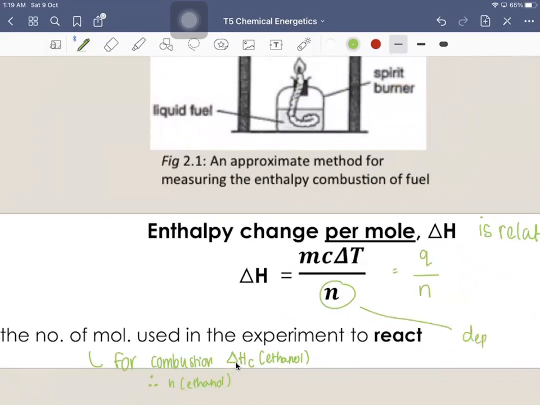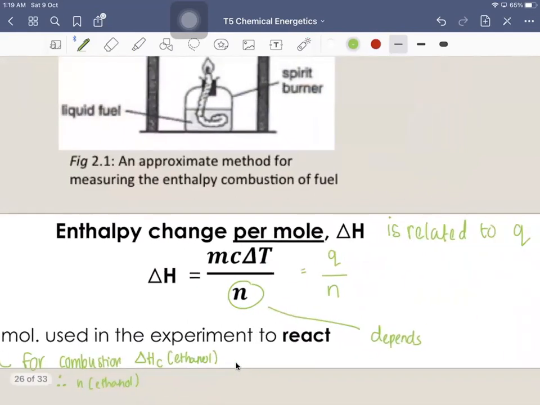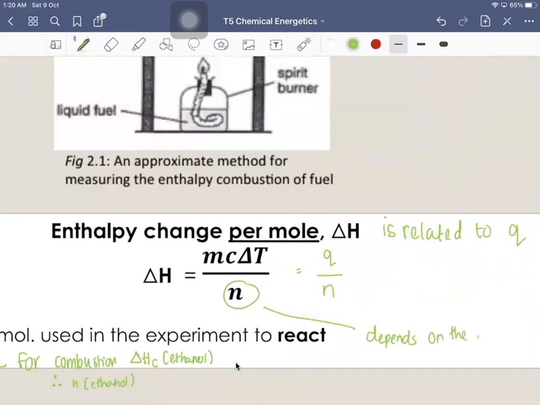So n depends on the experiment. It can be combustion, in which case it's the number of moles of substance burned.